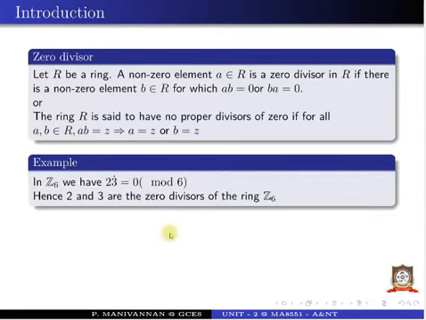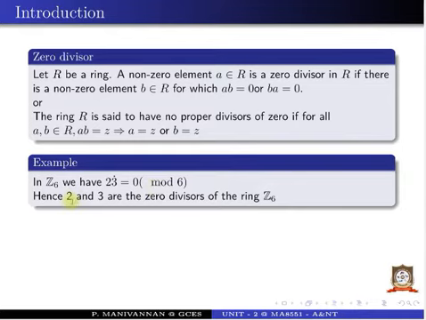Then an example here. In Z6, we have 2 times 3, which is 6, and under modulo 6, dividing by 6, it will be 0. So 2 · 3 is 0.